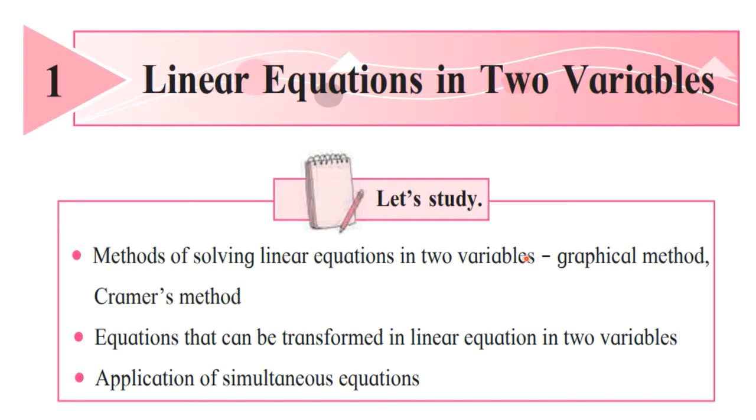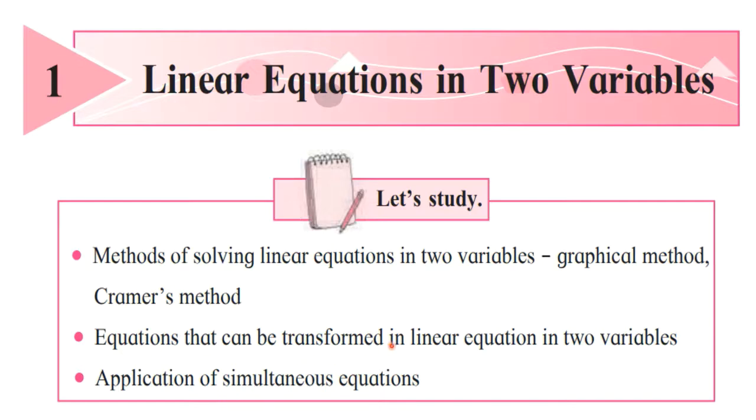Now in this chapter afterwards, we have learnt about the graphical method and Cramer's rule. That means two more methods to solve linear equations in two variables. Afterwards, the next topic is equations that can be transformed into linear equations in two variables. That means the equations are not in the form of linear equations as presently given, but we can transform them to the linear type.